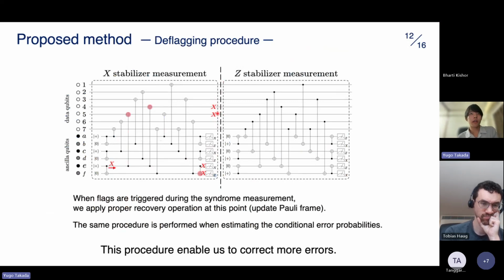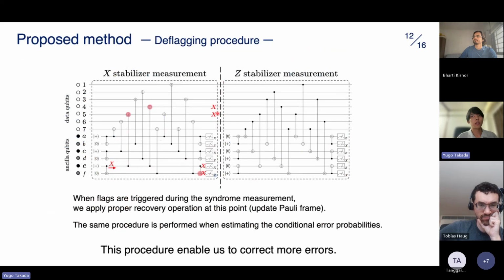The same procedure is also performed when estimating the conditional error probabilities. This procedure enables us to correct some errors that cannot be corrected by decoding using only the flagged weight optimization that I propose. Okay, these are the proposed methods.